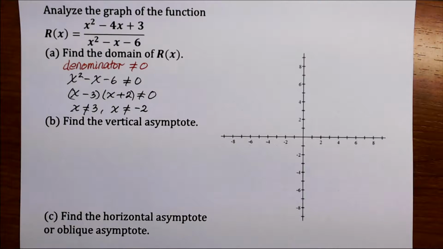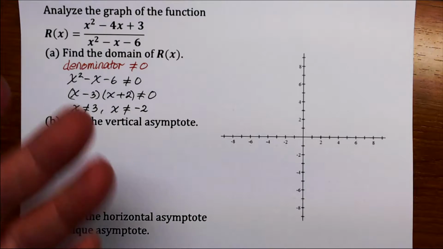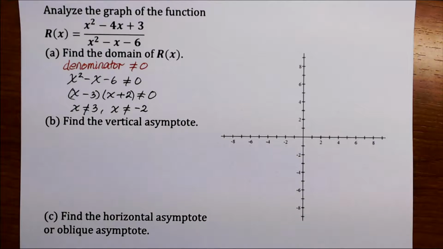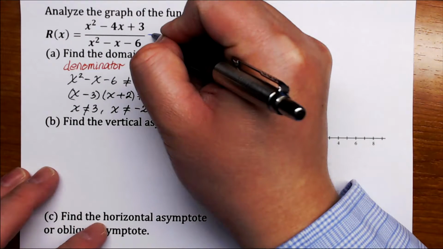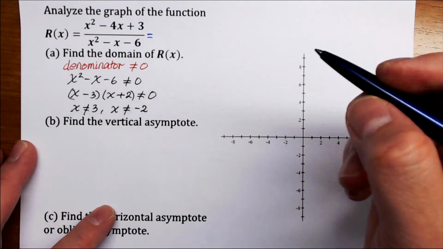Next, for the vertical asymptote, we can just go ahead and do it, but potentially there might be something to simplify.